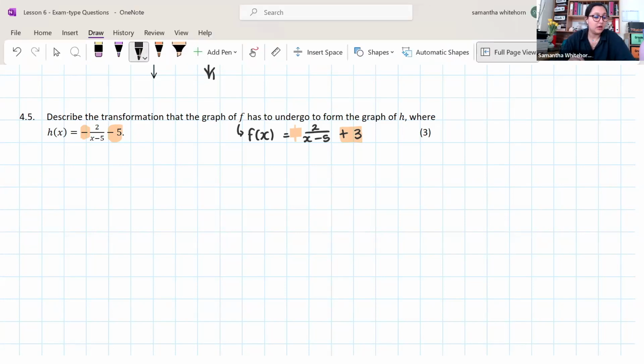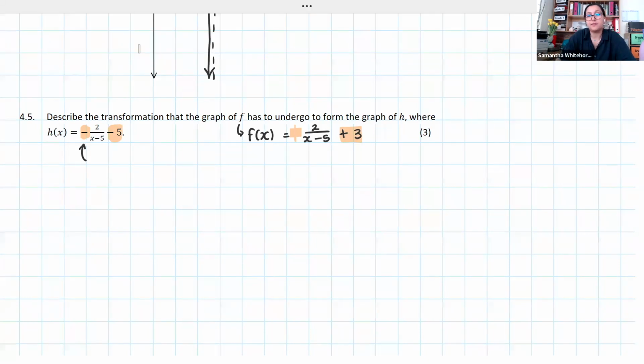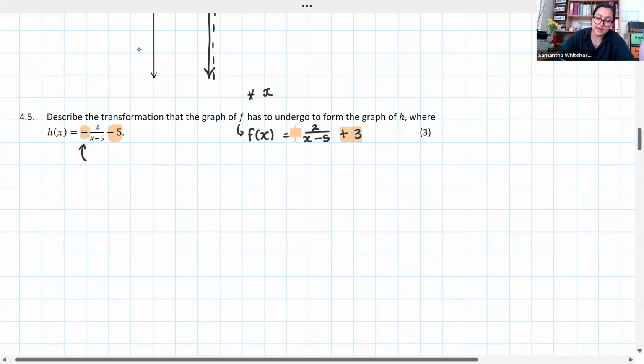Okay, now how you choose to see this is up to you. Your answer will depend on which transformation you see first. Personally, I was working left to right, so I saw the negative first. Now, whenever that y value becomes negative, you've reflected over your x-axis.